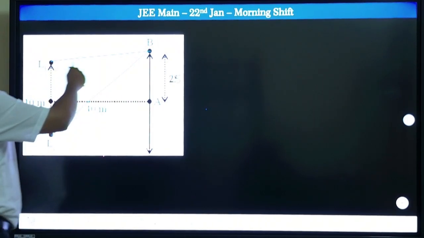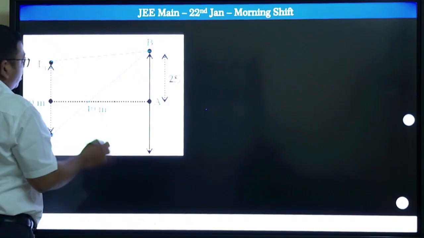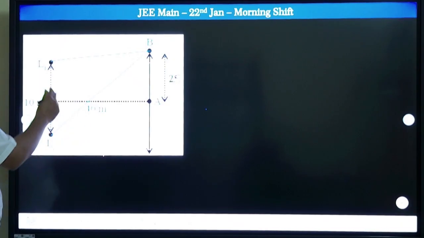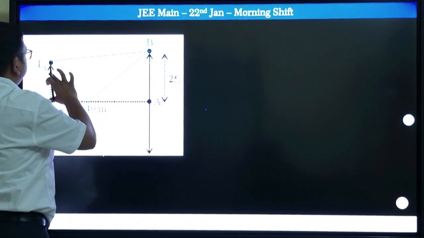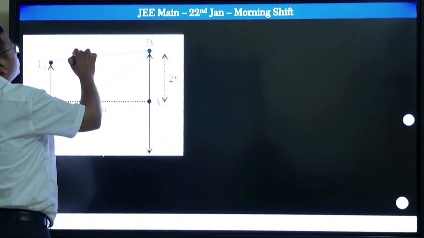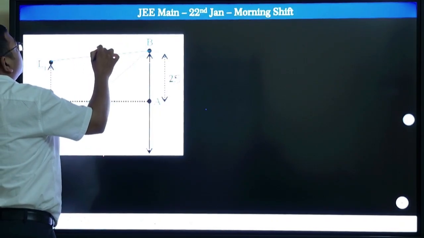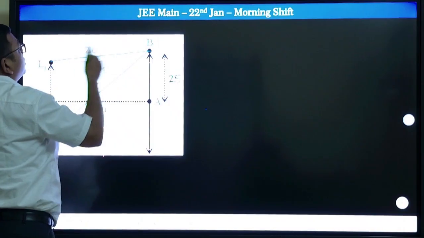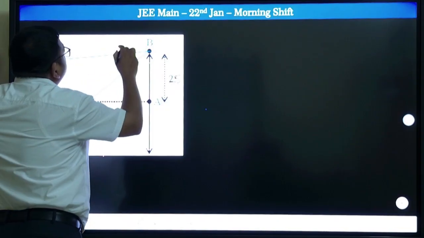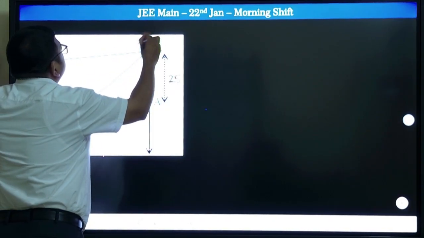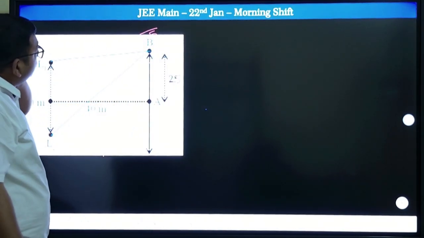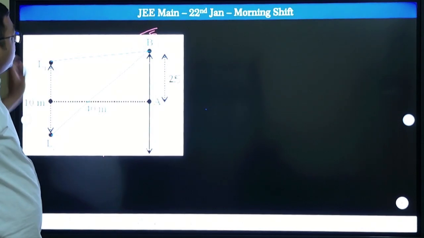What about this length, this hypotenuse? For that, check this one. This is 40, this is 40, and this is 25 minus 5, so that is 20. So this will be root of 20 squared plus 40 squared. 40 can be written as 2 into 20, so 20 squared can be taken out, giving 20 root 5, correct?